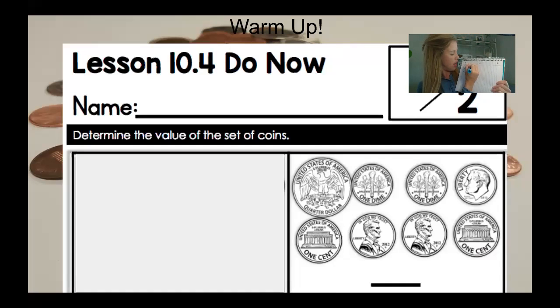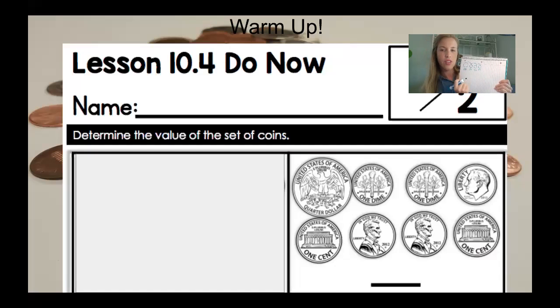Then we're going to add in not 1 dime, but 3 dimes. So I'm going to draw my 3 dimes beside here, and we're going to be counting using skip counting. So if I go 25 cents and add 10 more, I get 35, plus 10 more is 45, plus 10 more is 55.